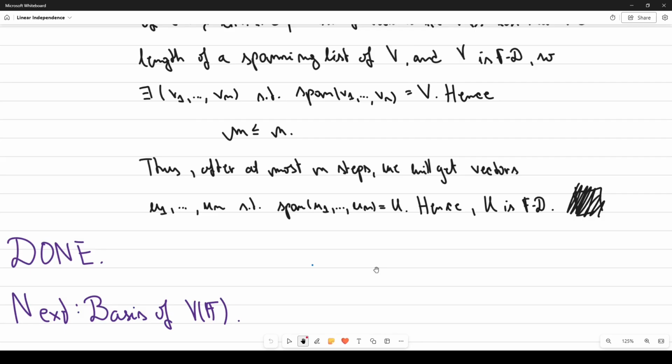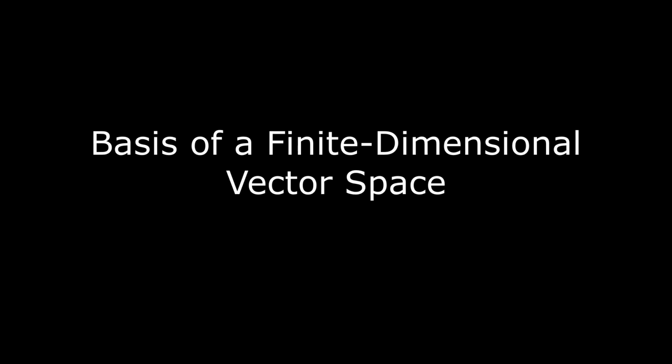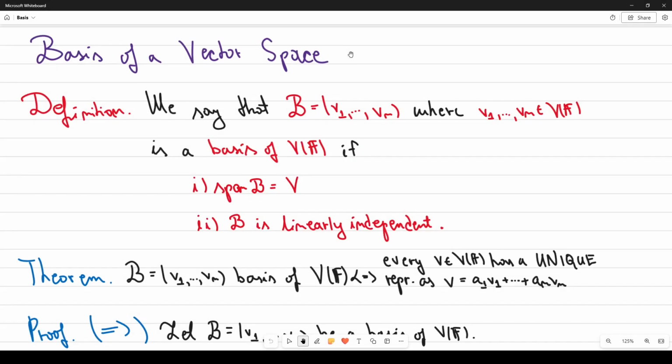And now that we have the concepts of span and linear independence, we can move on to introducing the concept of a basis of a vector space.